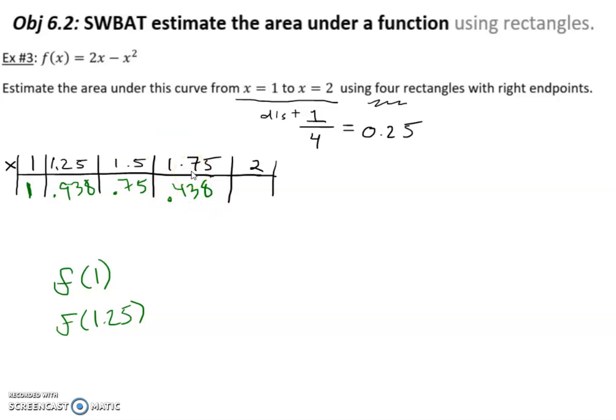And then finally, when I plug in 2, comes out to 0. Once you've got this done, it's basically the exact same as the previous problem.